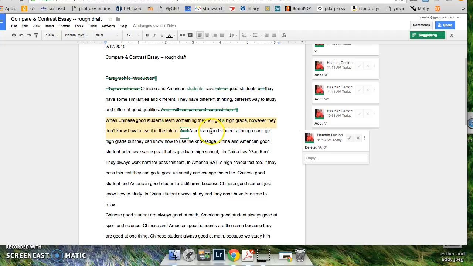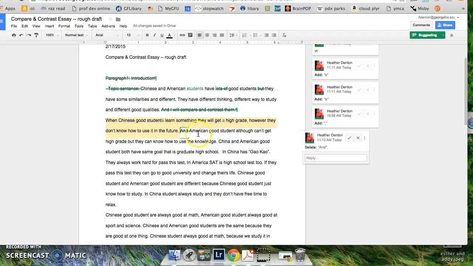And plus it doesn't make a whole lot of sense. They can't get a high grade, but they still know how to do it, how to use the knowledge. So the logic there is a little bit fuzzy, and also the credibility of your rhetoric is simply not strong. You're making your reader not believe what you're saying because you're generalizing so much.